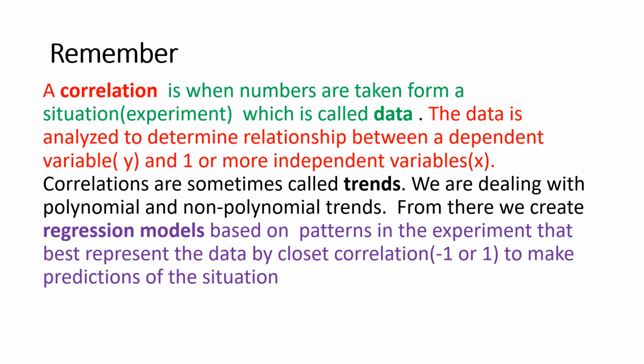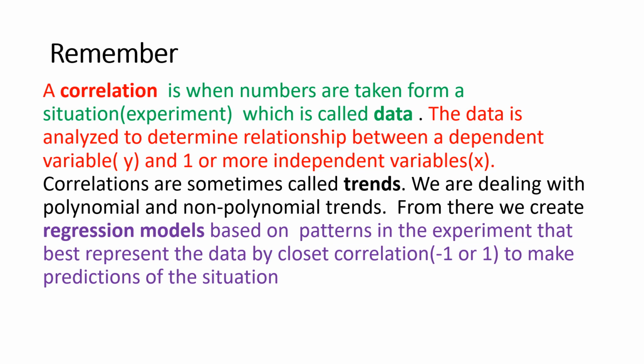And then from there, the data is analyzed to determine the relationship between the dependent variable and one or more independent variables, which is x. So in hindsight, correlation is the relationship between the two variables of your data.